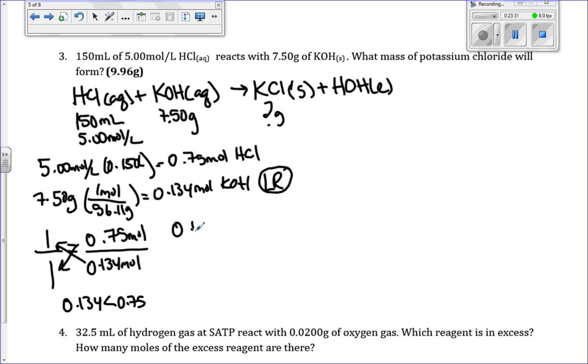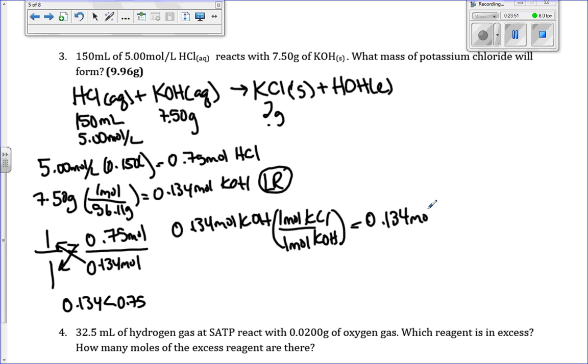So we have 0.134 moles of potassium hydroxide, and there's a 1 to 1 relationship. Again, our given is on the bottom and our want is on the top.